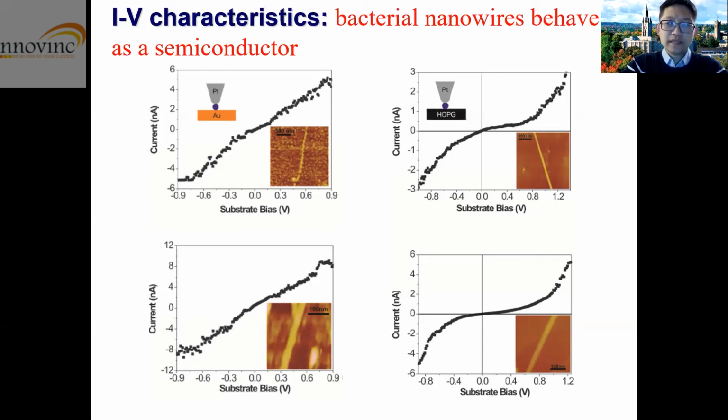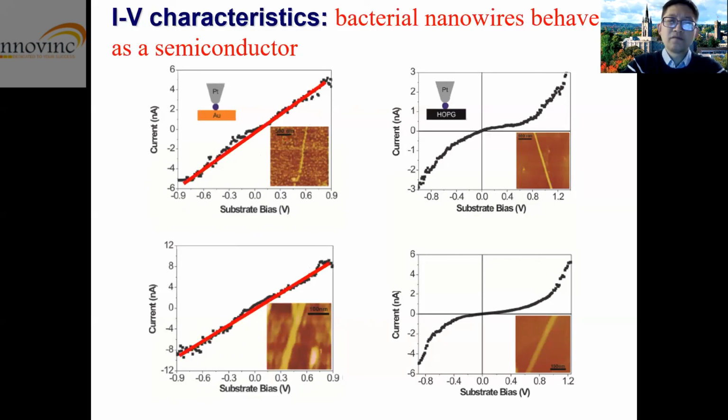So this nonlinear IV curve indicates the nanowire behaves as a semiconductor, and therefore a Schottky barrier exists at the nanowire and HOPG junction, owing to Fermi level mismatching. In fact, this nonlinear IV curve was also found in a 2005 Nature paper and a 2006 PNAS paper.